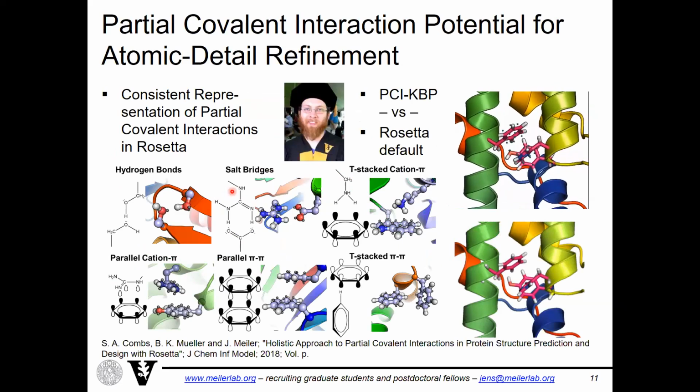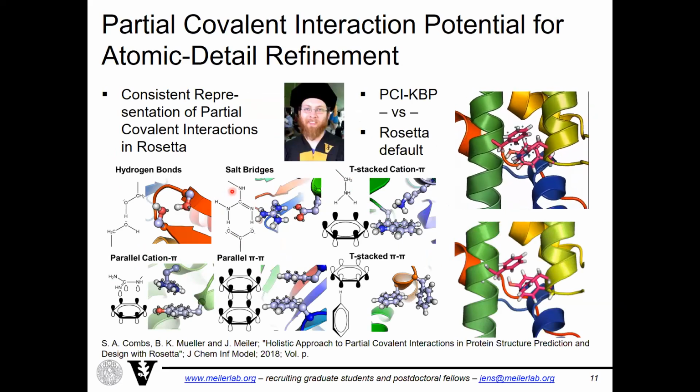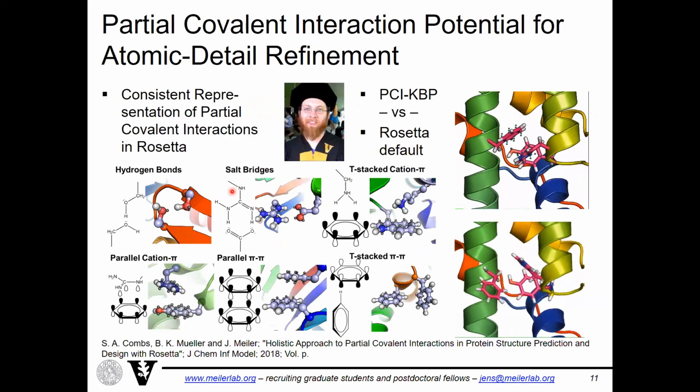But I promise that I will try to explain why this field is so exciting. It's so exciting because every day, new technologies are added to the Rosetta software to model these antibodies, antigens, and their interactions. One particular improvement in the Rosetta software that we added quite recently is a potential that mimics hydrogen bonds, salt bridges, but also pi-pi and cation-pi interactions that are often made in aromatic side chains.